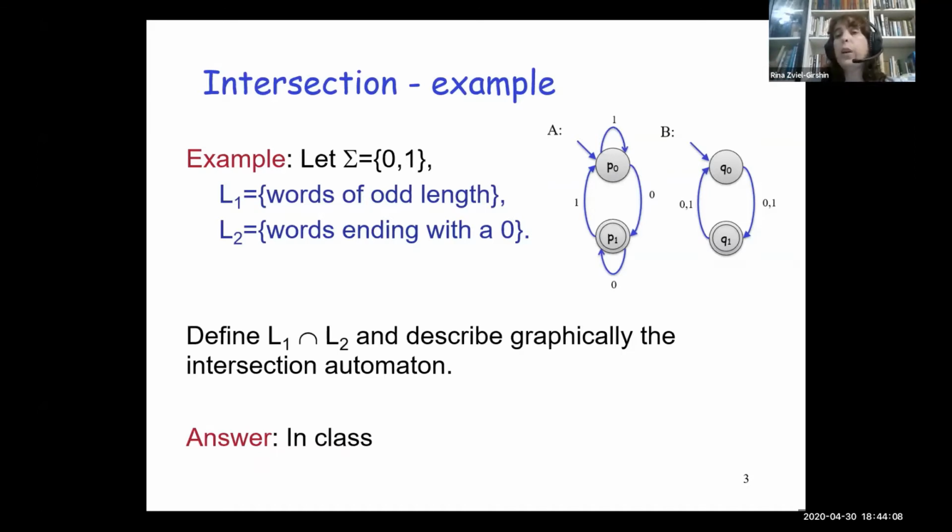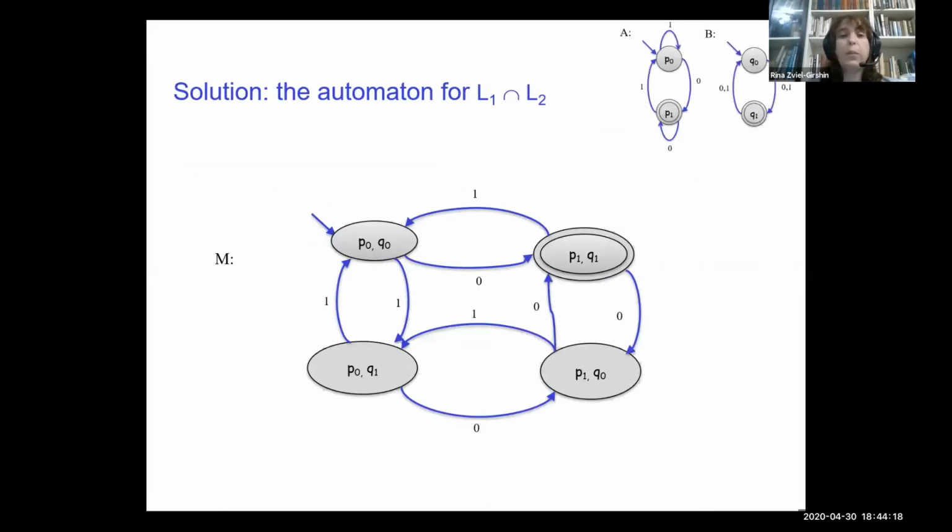So if we are talking about and, like you mentioned, only the accepting state would be different. So basically, I will construct the same automaton as I did for the union language. So we have a couple of states P0, Q0, P0, Q1, P1, Q0, P1, Q1.